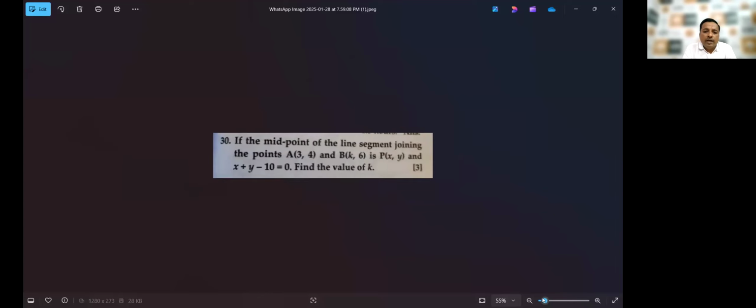See, the midpoint of the line segment joining A, this is (3, 4), and B, that one is (K, 6). The midpoint is P, that is (x, y), and the relation x plus y minus 10 is equal to 0.